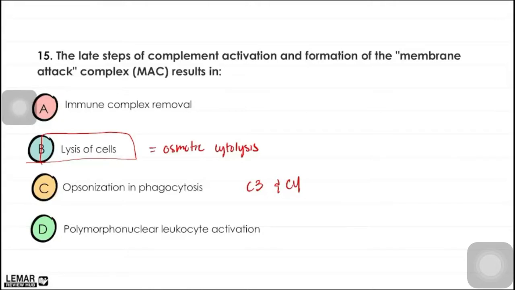So that is letter C. Letter D, polymorphonuclear leukocyte activation, is facilitated by your C5a, C3a, and C4a components.